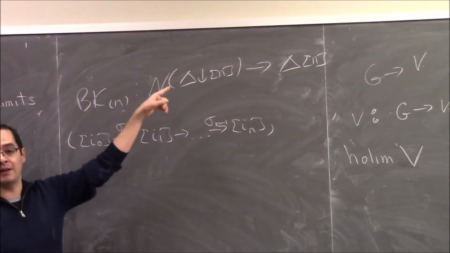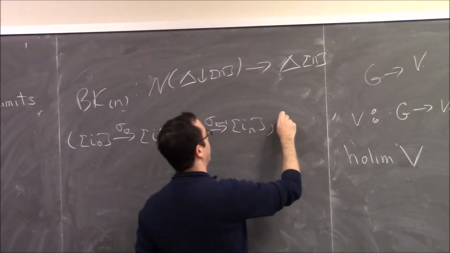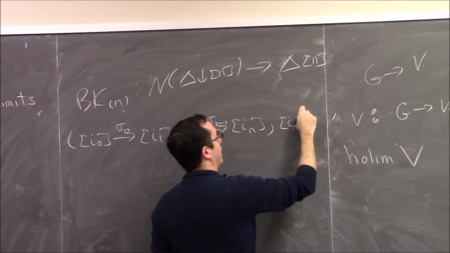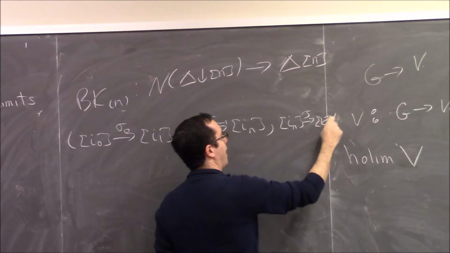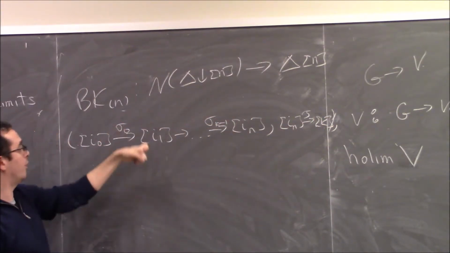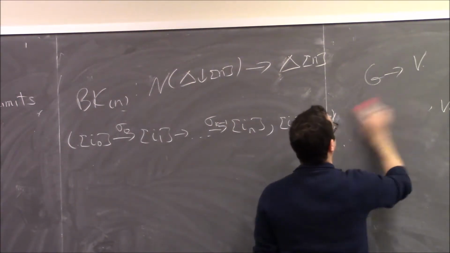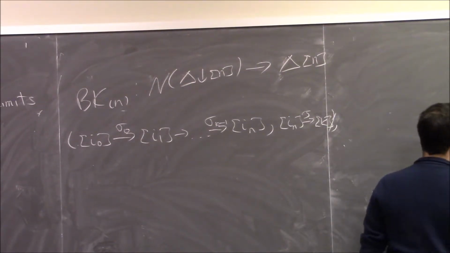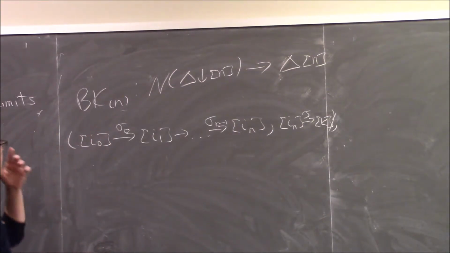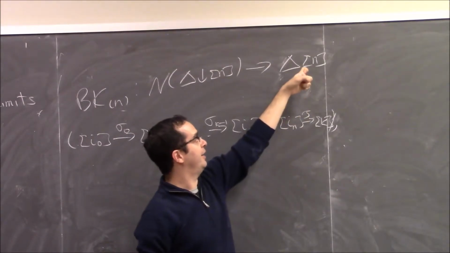That would be just in the delta category, but I want to be over n, so I also have to have a map from my last guy into k, and all these elements would be over k. And then I want to map to a k-simplex here.